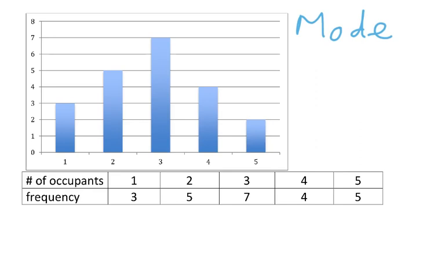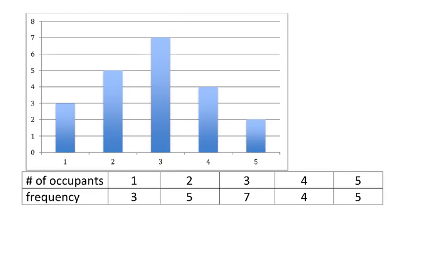Which number occurs most frequently? The 3 does. And you can see that very, very simply in the graph by simply asking which one of these bars is the highest. Whichever one is the highest is the data entry that occurs most often. That's the mode. The mode is 3.